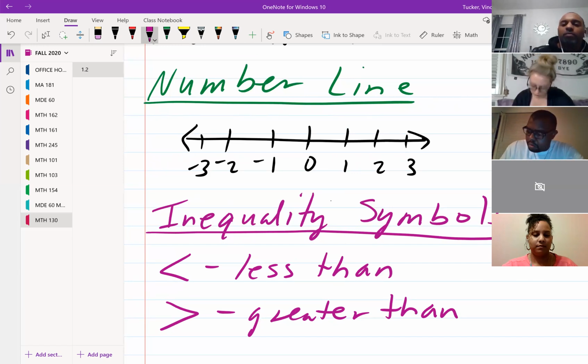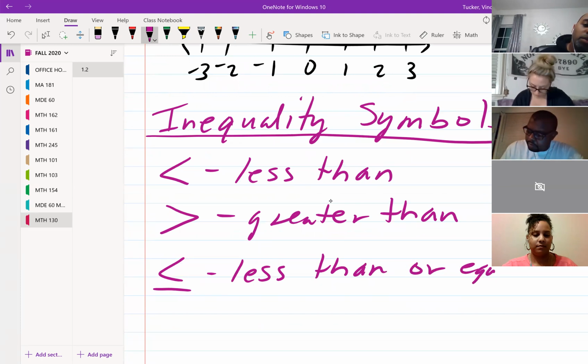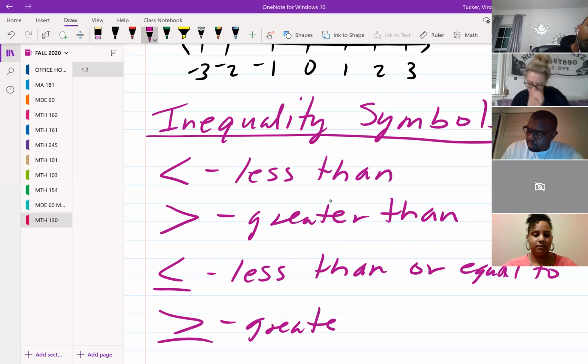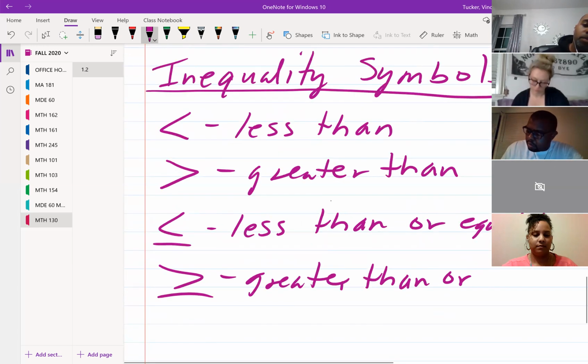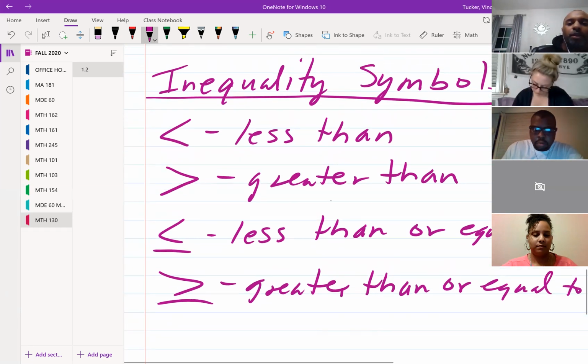Also have less than or equal to. So those are a few inequality symbols.